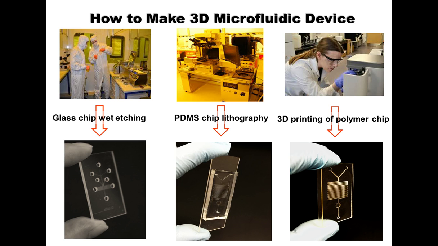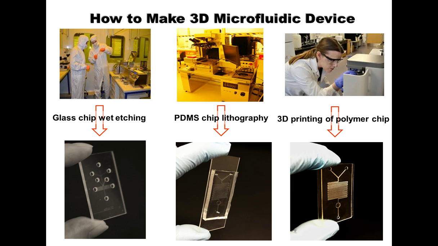And now, along with the development of 3D printing technology, we can actually use a 3D printer to fabricate the microfluidic chip. This is one example at the bottom right, a very standard microfluidic zigzag mixing channel printed by a 3D printer.